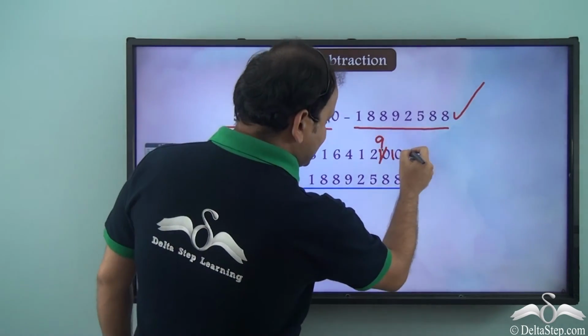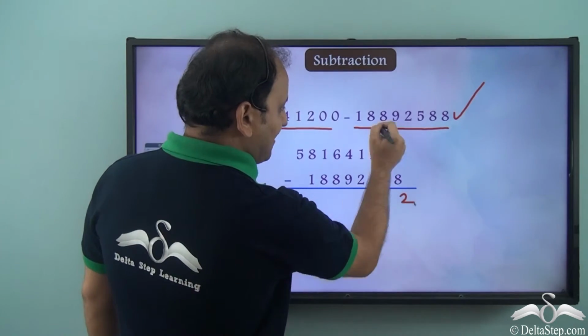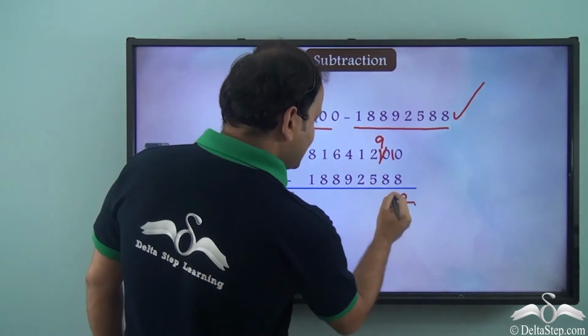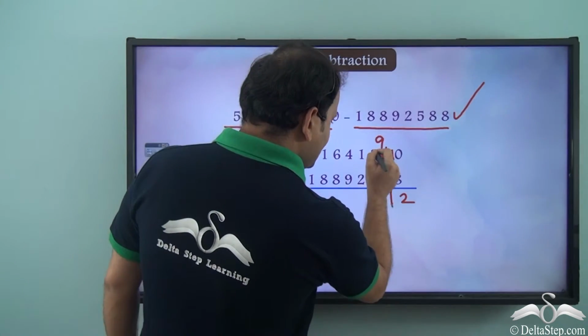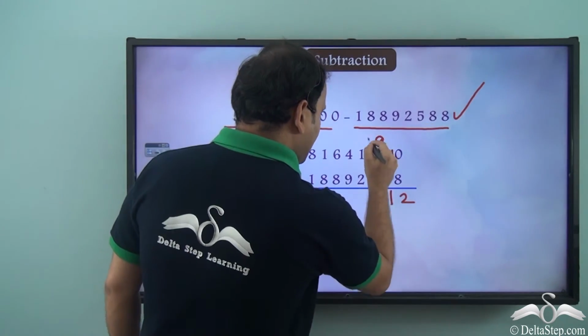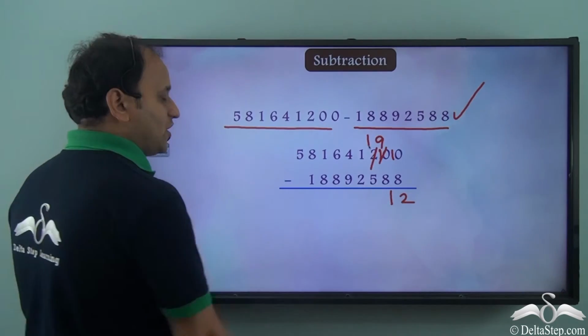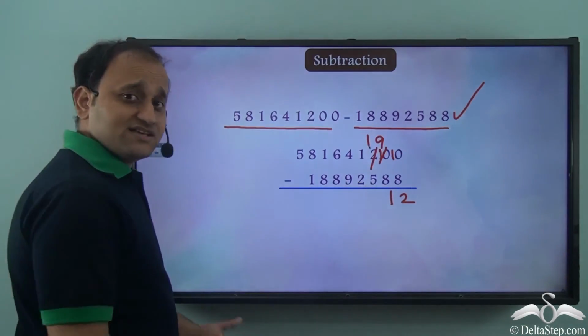So now we have this as 10. So 10 minus 8 will be 2. And here we have 9. So 9 minus 8 is 1. Again, this 2 had already given 1 to this 0. So this had become 1. So now we have 1 minus 5, which is again not possible. 1 is smaller.